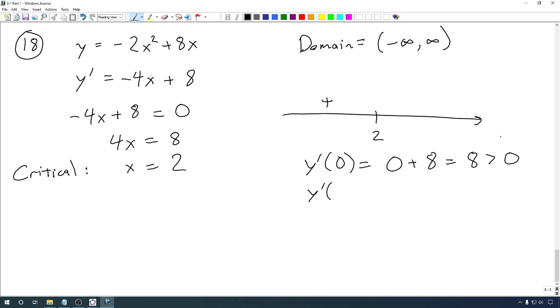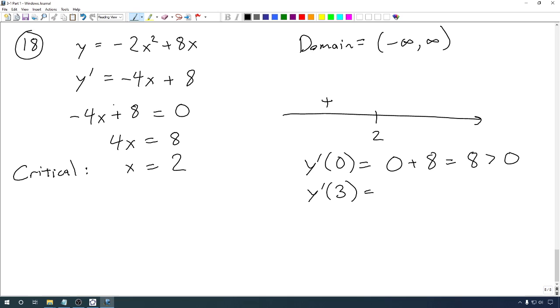From 2 to infinity, I can take another test point. Pick the smallest integer at least. I'll pick 3, because it's easy enough. But it doesn't matter which point you pick in here, just pick whatever you find the easiest.